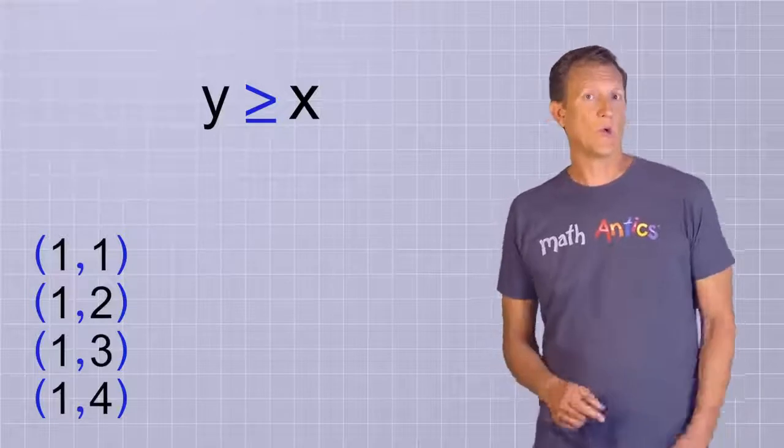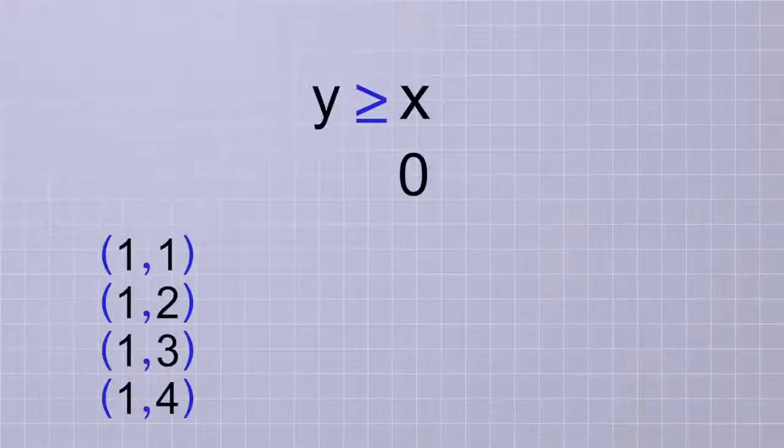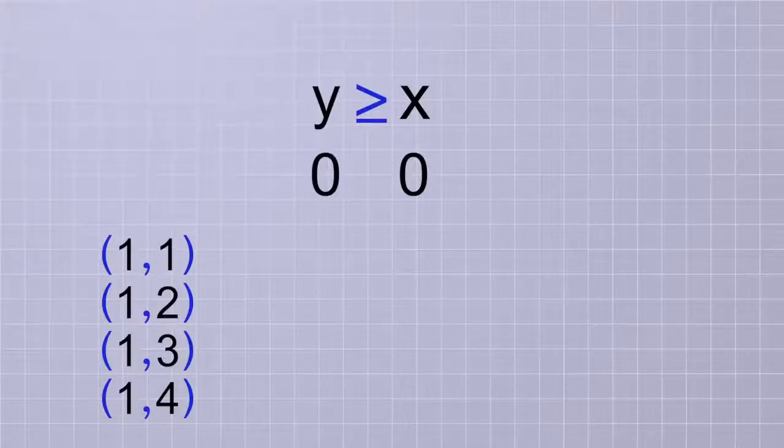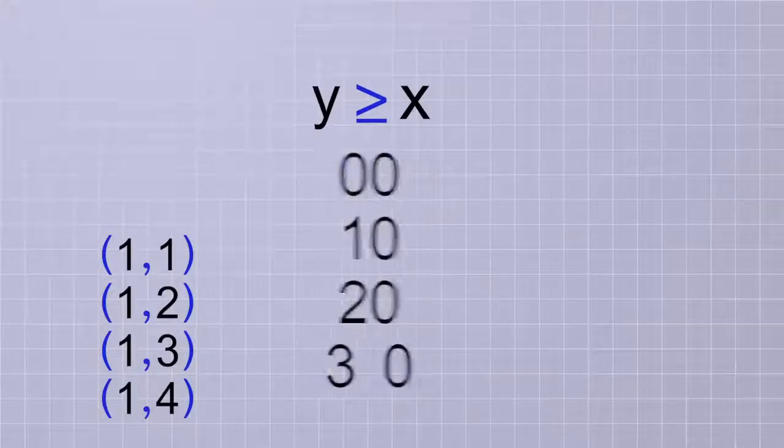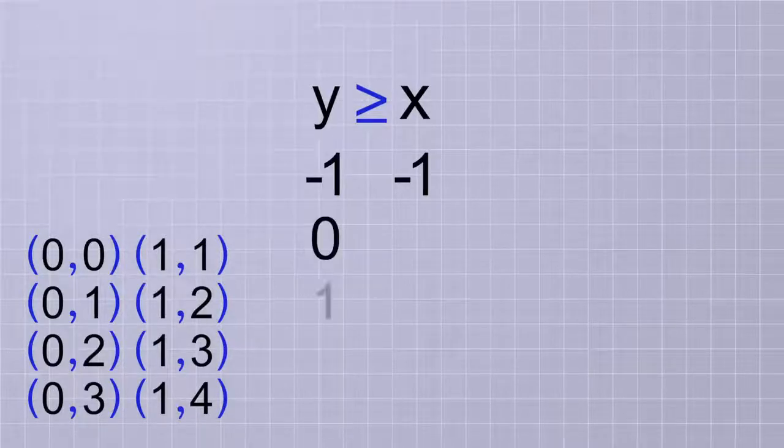Then let's ask, what solutions are possible if we let x be 0 instead? Again, y could still be the same as x, 0, but it could also be any value greater than 0. Y could be 1, or 2, or 3, and so on. Let's make ordered pairs from those also. And then let's ask, what are some possibilities if we let x be negative 1? In that case, y could be negative 1 or anything greater than negative 1, like 0 or 1 or 2, and so on.